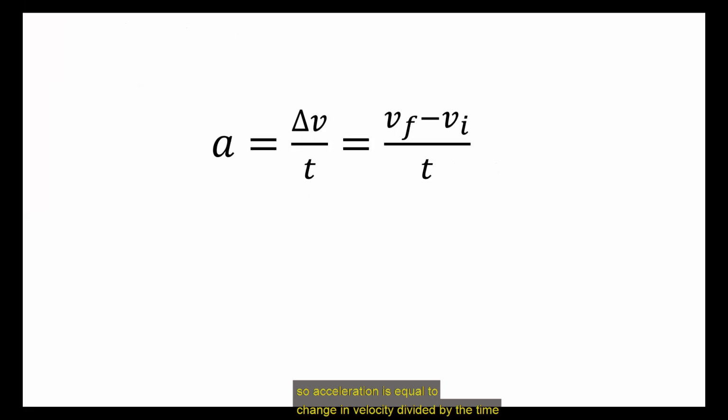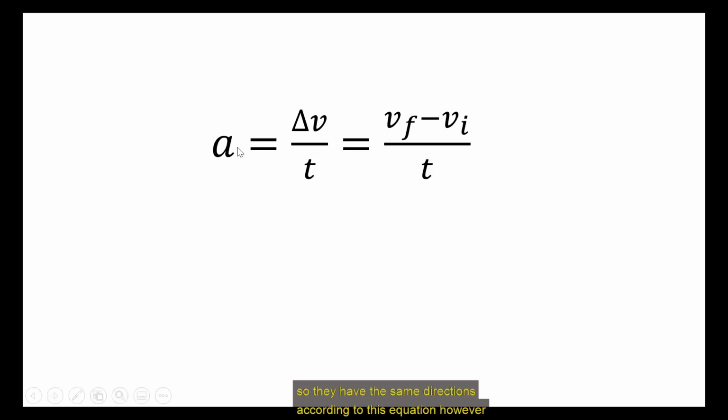Acceleration is equal to the change in velocity divided by the time. And the change in velocity is just equal to the final velocity minus the initial velocity. So by definition, the direction of acceleration is going to be in the same direction as the change in velocity, but not velocity itself, since time is always positive.